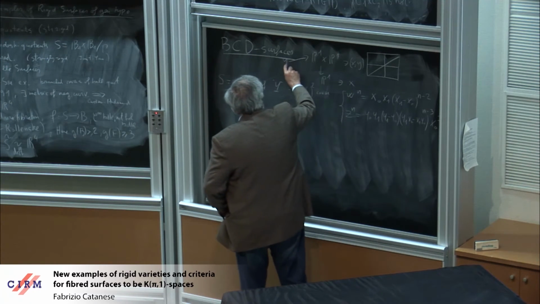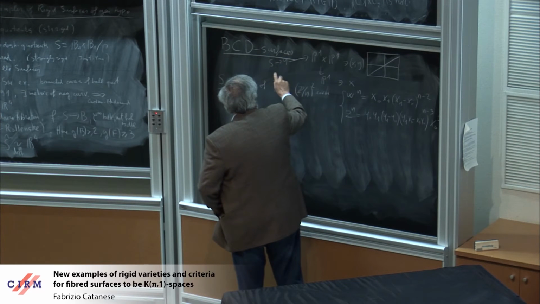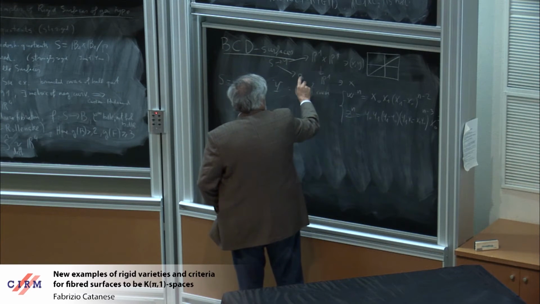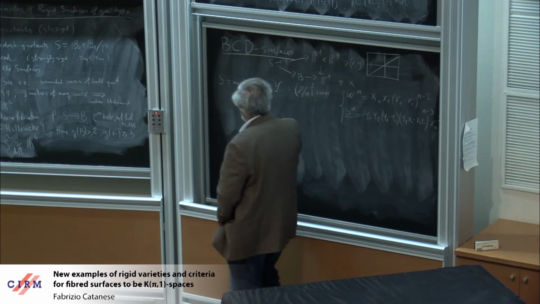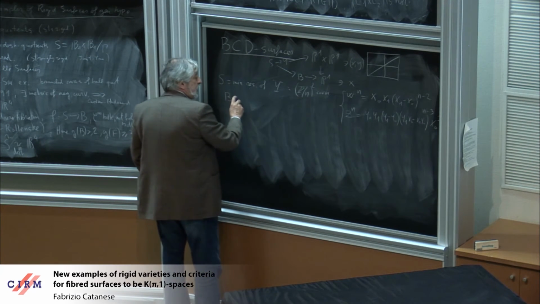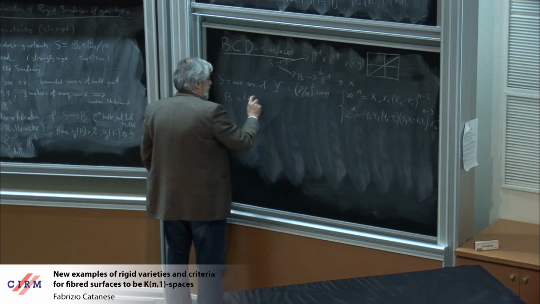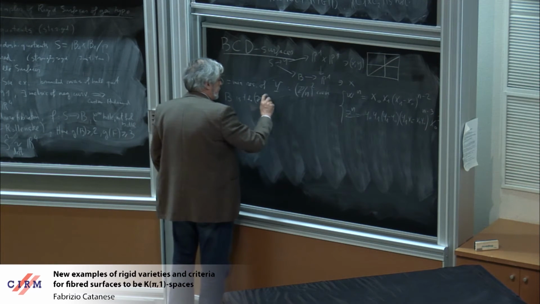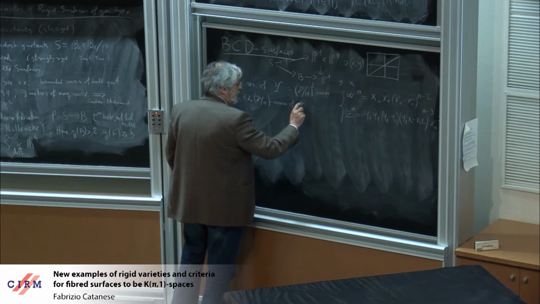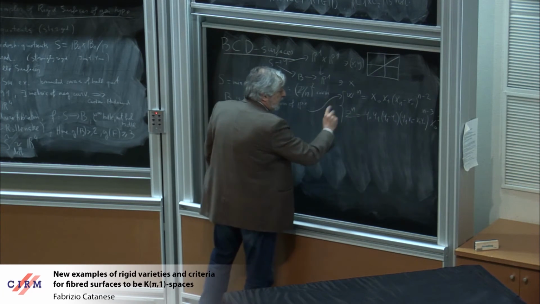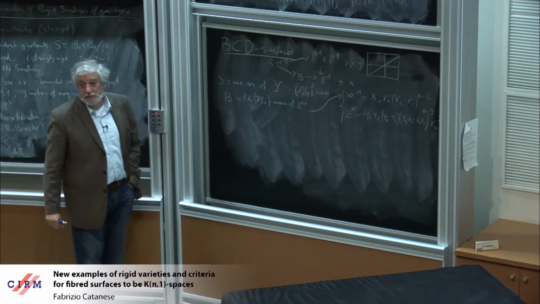I get Y, the desingularization is S, and then this gives me a map to a curve B, and B is the Z mod n cover of P1 given just by the first nth root.